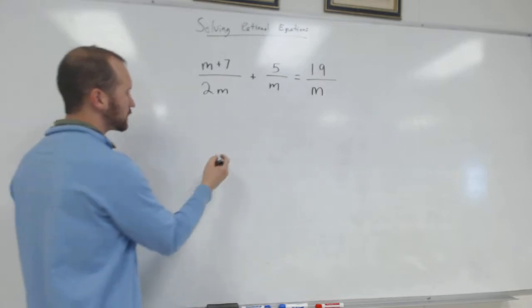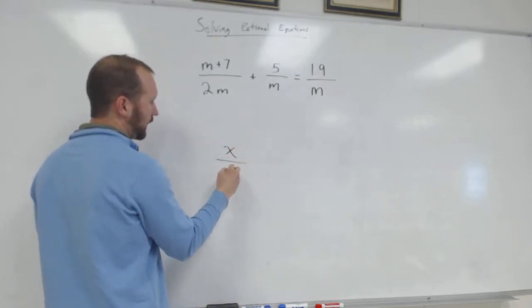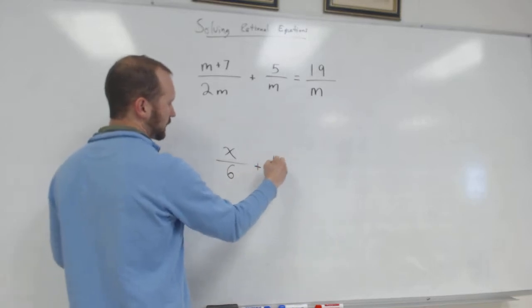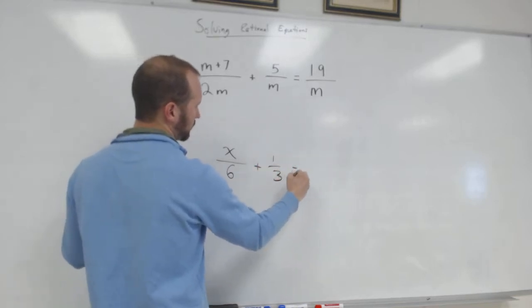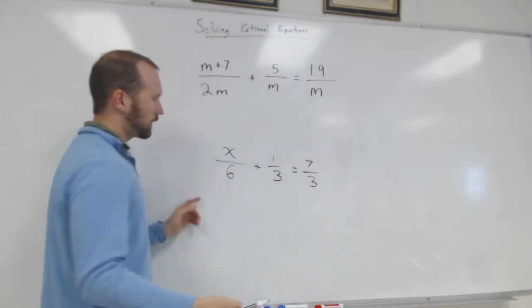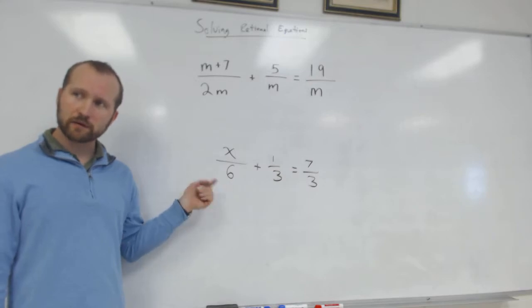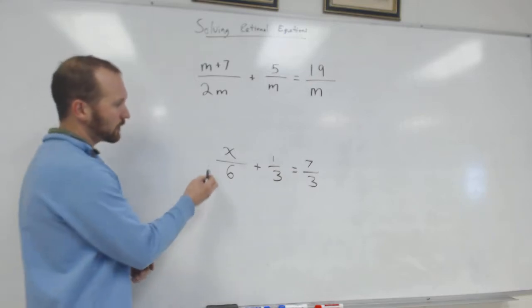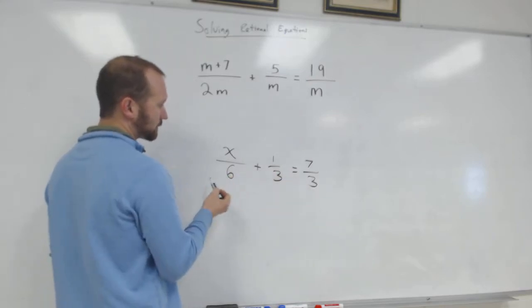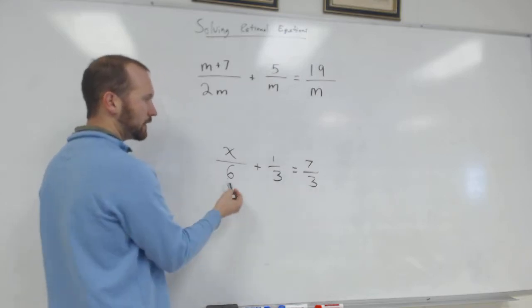If I have something like this, this is very similar to, again, something we did last year. If I had x over 6 plus 1/3 equals 7/3, you have to multiply by the largest denominator. So here I would have multiplied times 6 to clear out all my denominators.